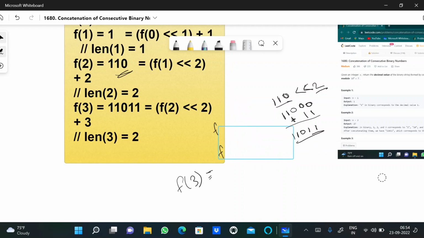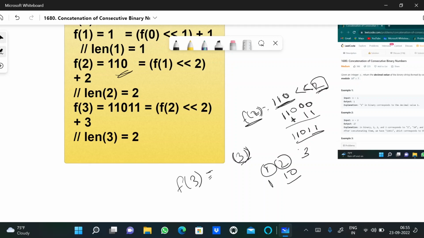So what we can do is f2 left shift 2. What is this 2? It is the total digits in the binary number of 3, because we need to add 3 at the end. 2 is 110, and now we need to add 11 for 3, right?